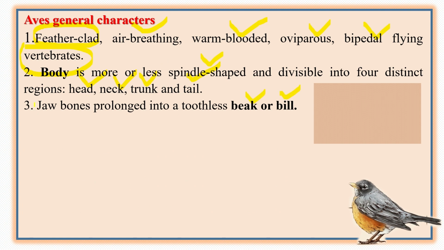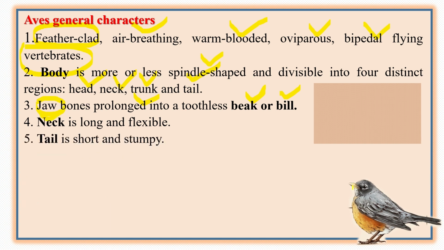Jaws are absent, and they form a structure called the beak, also called the bill. Neck is long and flexible. Tail is short and stumpy.